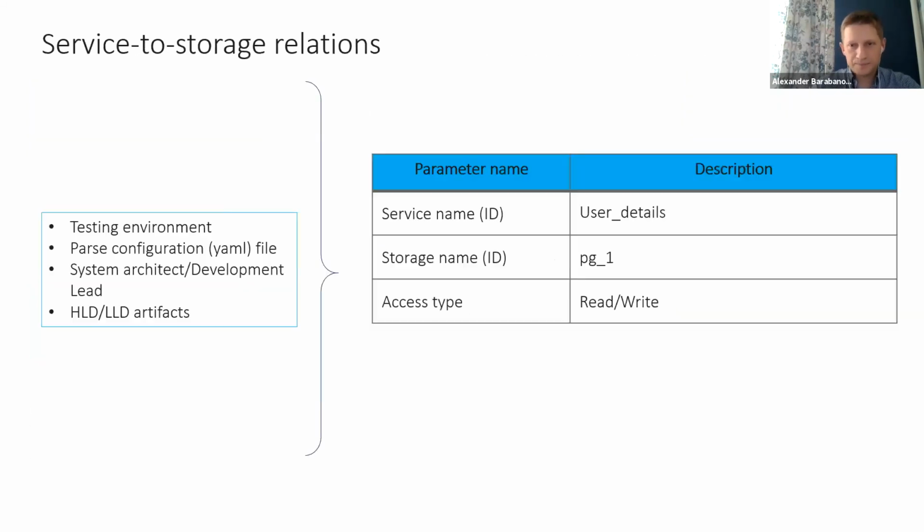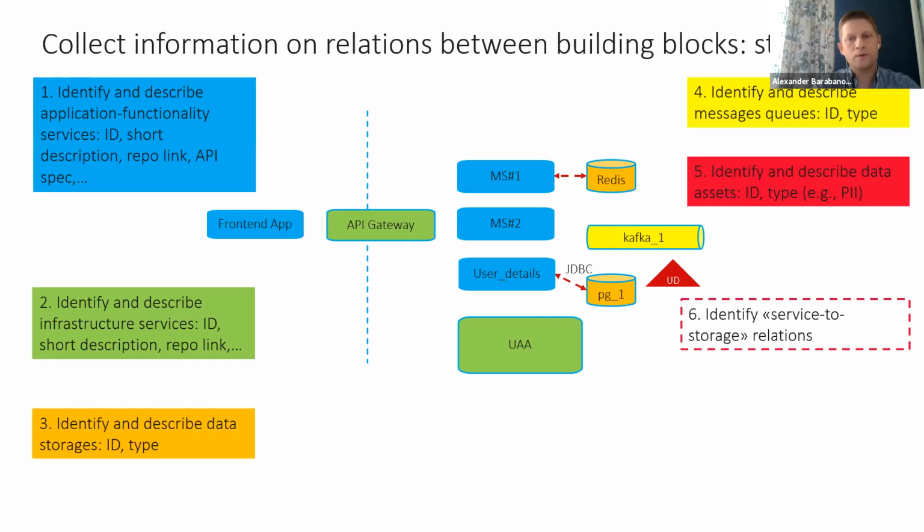During service to storage relation identification, you should identify direct connections between service and storage. For example, on that slide, the microservice called user details has a connection via the JDBC protocol with Postgres, and you have to identify those connections.